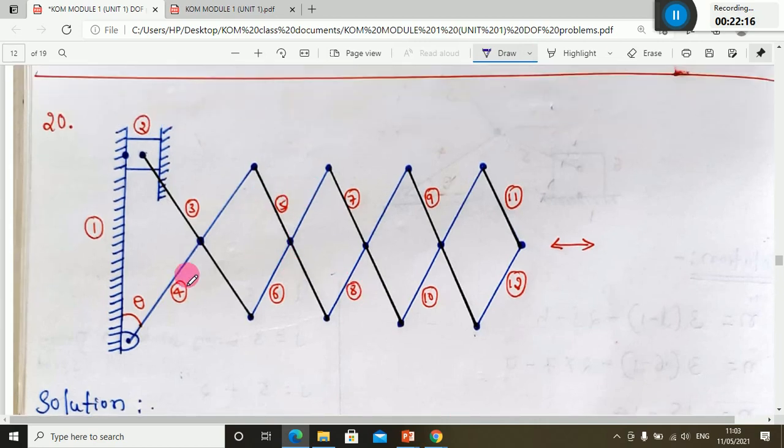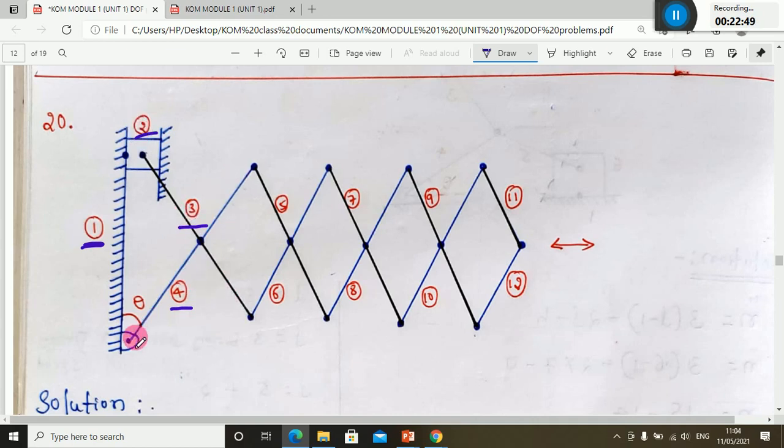First I'll count the number of kinematic links. There is a fixed one, that is the first one, so I've written 1. This piston is the second link. To this piston there is one more kinematic link attached, a single kinematic link, so that is the third. At the bottom portion of this fixed link, the first link, there is one more link attached.